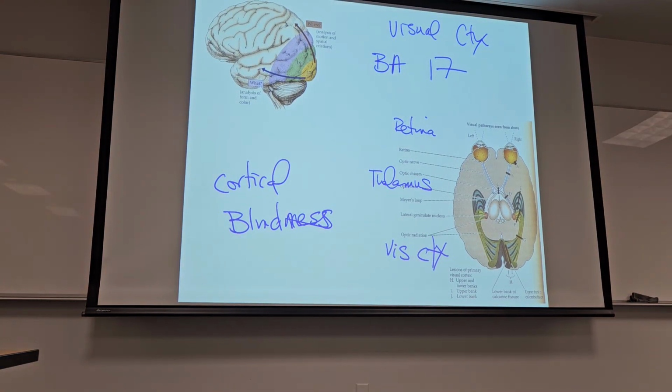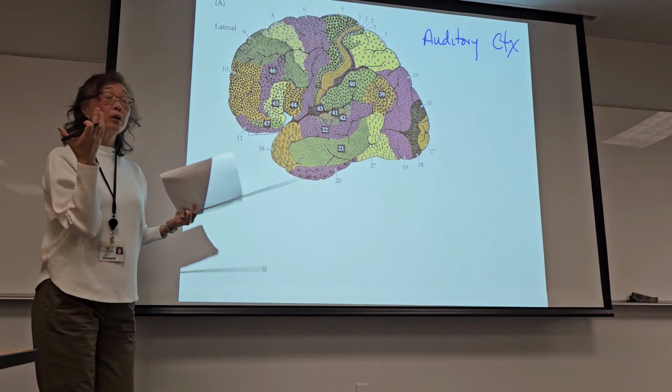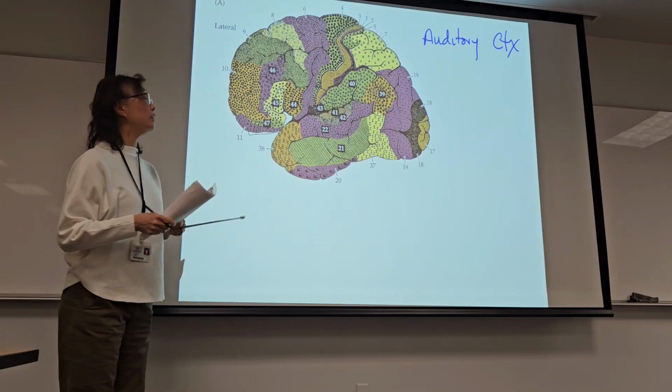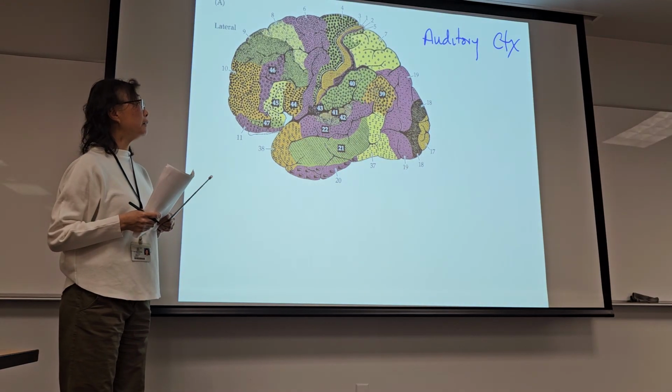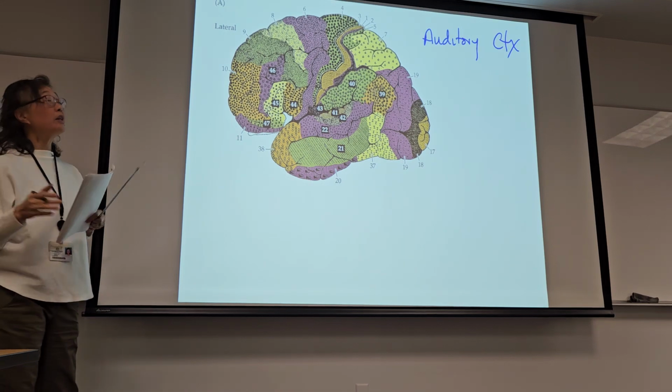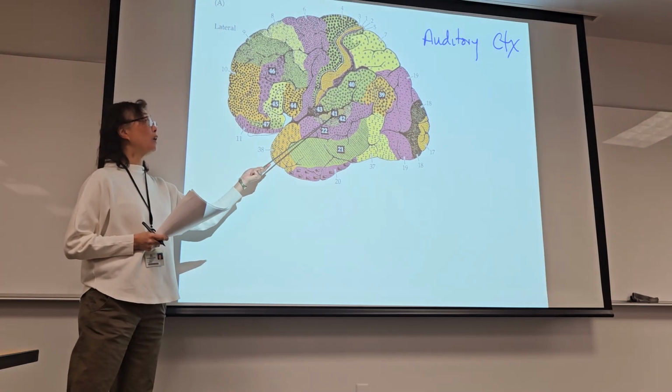Okay. Let's do our primary auditory cortex. Our primary auditory cortex obviously starts with the cochlear cells, the hair cells in the cochlea in your ear. I will learn their pathway near the end of the class, but they end up here at 41 and 42.